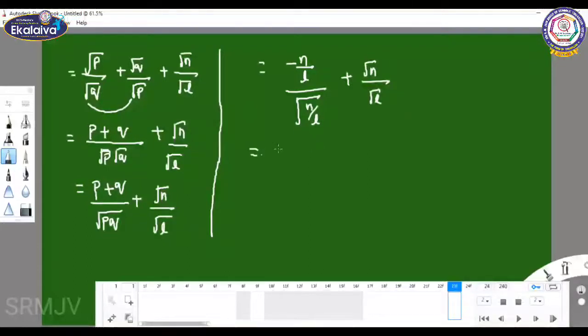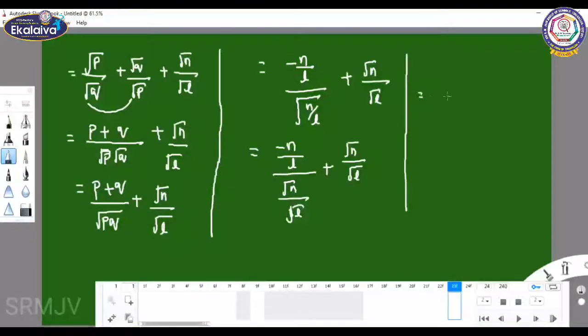So it gives minus n by l by root n by root l, plus root n by root l. You can take the LCM as root n by root l.